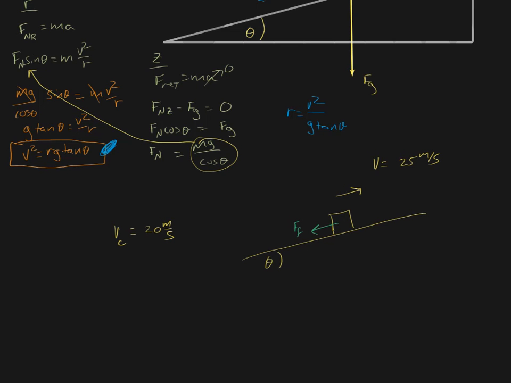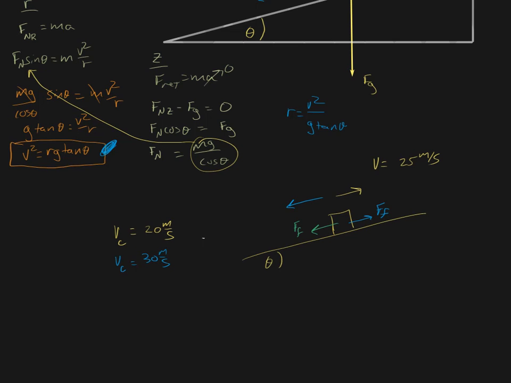Now, let's say that we determine the critical velocity to be 30 meters per second. Well, if the critical velocity is 30 meters per second and the car is moving at 25 meters per second, then the car is attempting to slide down the ramp, and friction, to keep it from sliding, is going to point up the ramp.